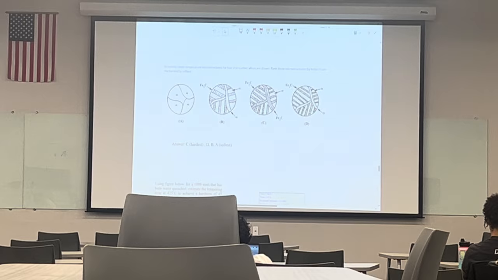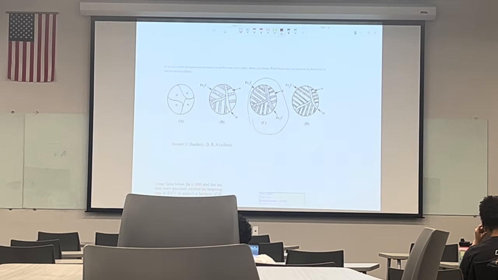And based on that, here, this is the hardest or the strongest composition because it has the most carbon of these. This has no carbon, it's just alpha, just ferrite, no carbide or cementite in the system.